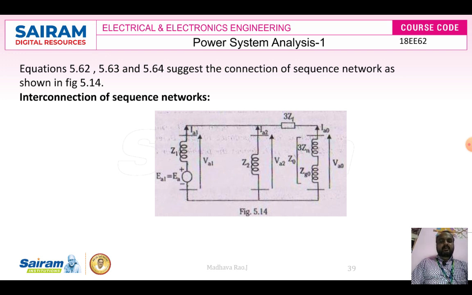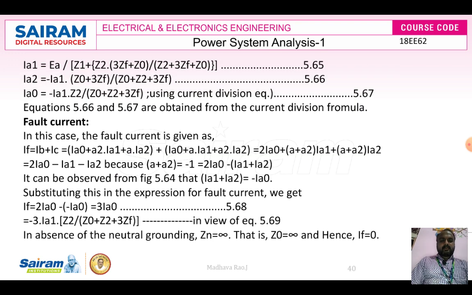From these sequence networks, we will write the sequence component currents IA1, IA2, IA0 and the fault current. So, IF is equal to IB plus IC.